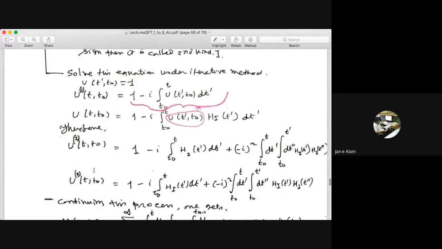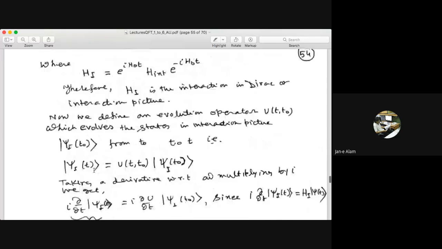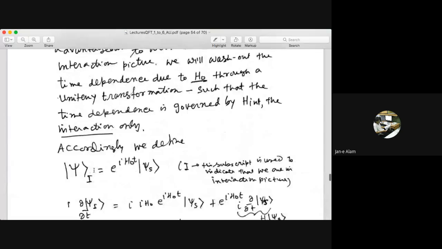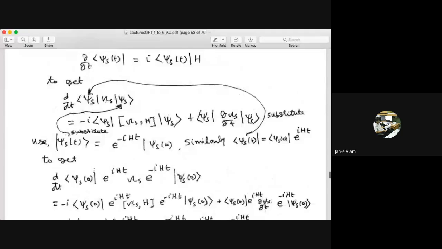Let me just go there. Yesterday I discussed the three pictures of quantum mechanics.